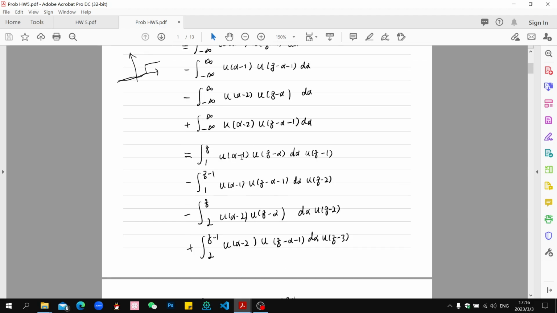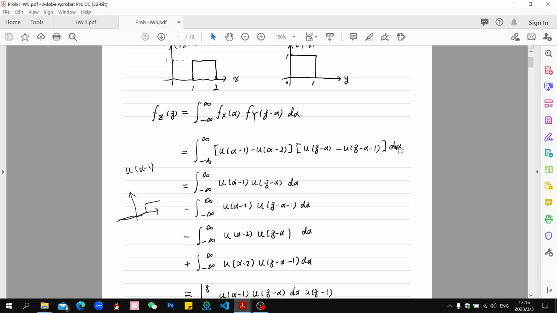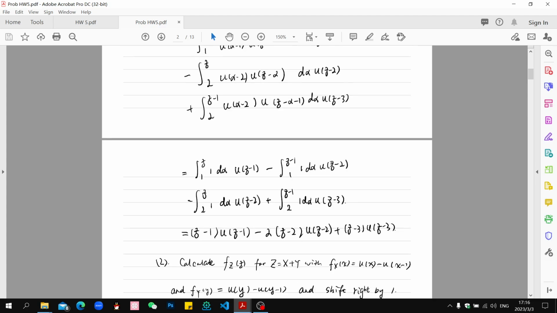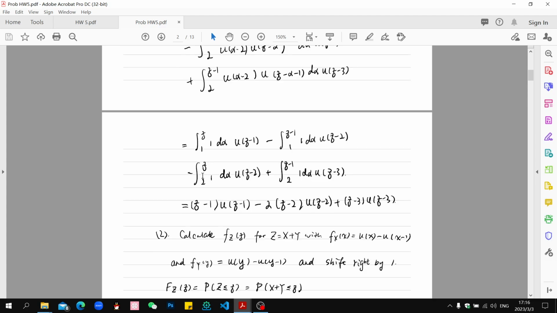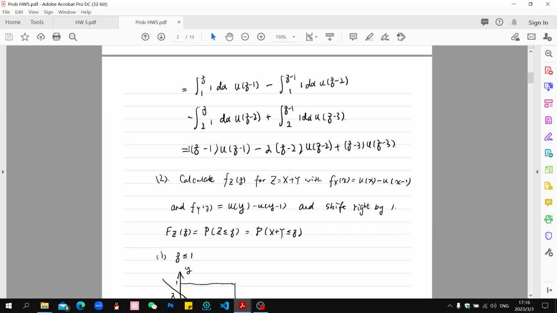That is the 4 parts of this big integral. That is a direct calculation, quite easy to retrieve here. And that is (z−1) times u(z−1), minus 2 times (z−2) times u(z−2), and plus another (z−3) times u(z−3).